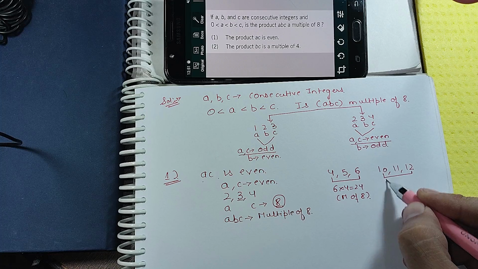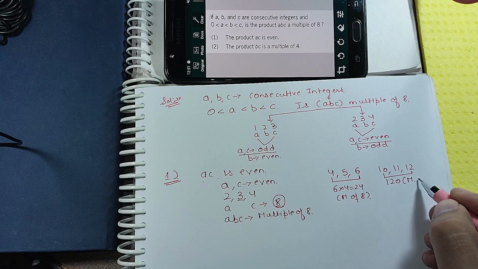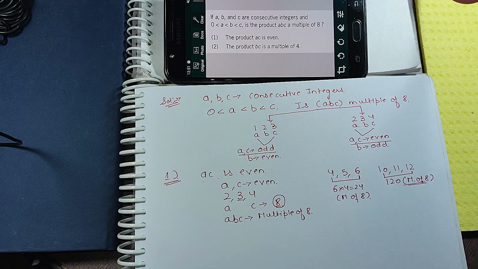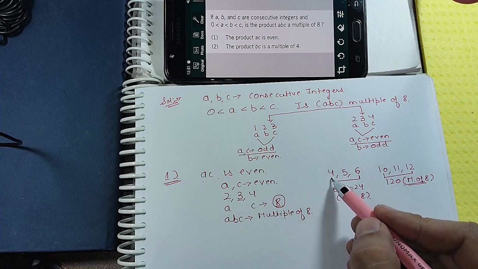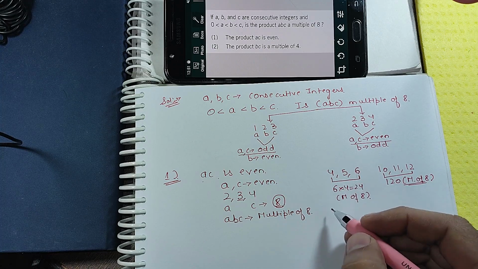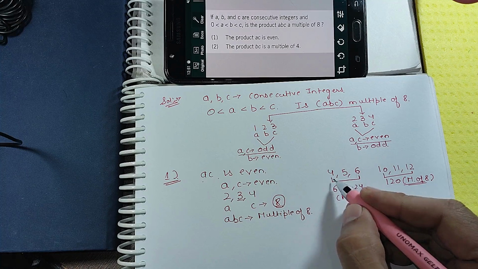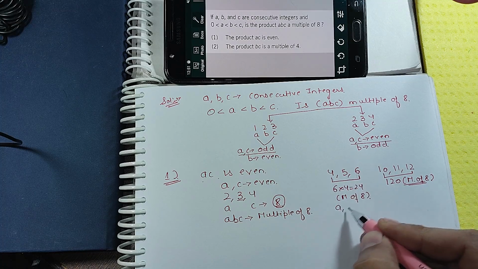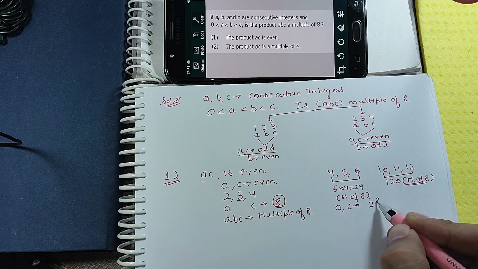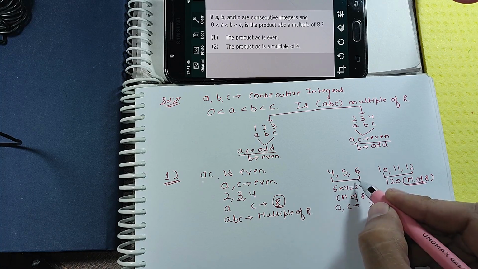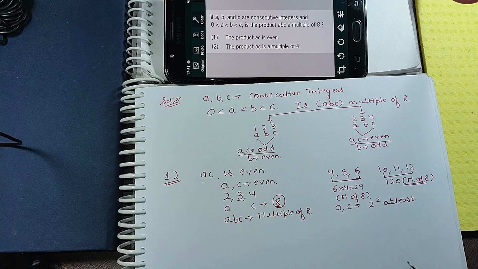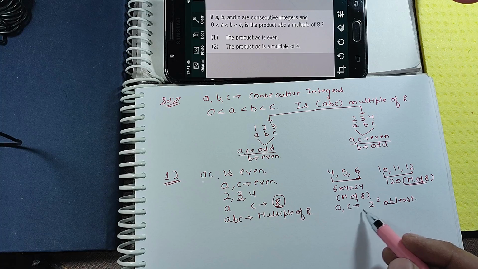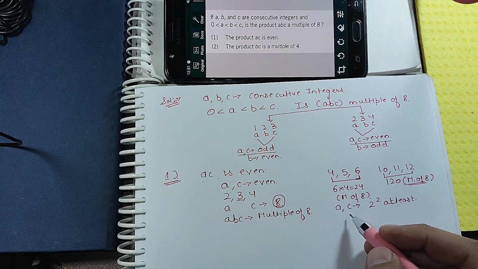So this is 1320, and it is also a multiple of 8. Now why is it happening? Since A and C are both even, they will have at least 2 squared, and since B is also involved, combining this they would be a multiple of at least 8, right?